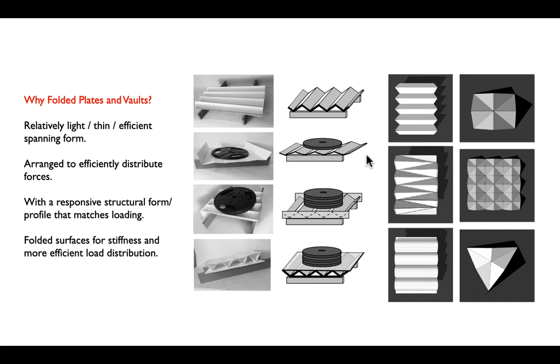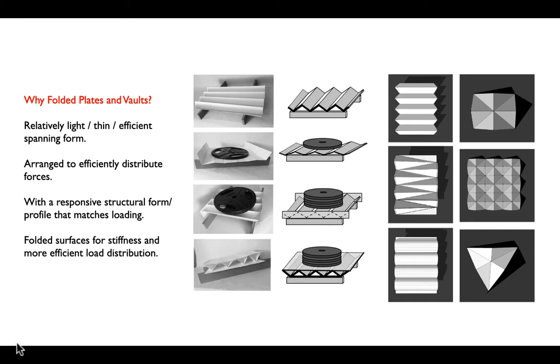So we're basically making beams. We're trying to make I-beams, but instead of concentrating the material in the flanges, we're spreading the material out so that we're getting two functions usually. One of them is the structural function, the carrying function over the span, and the other very often is enclosure, right? We're using folded plates often to shelter a space below.